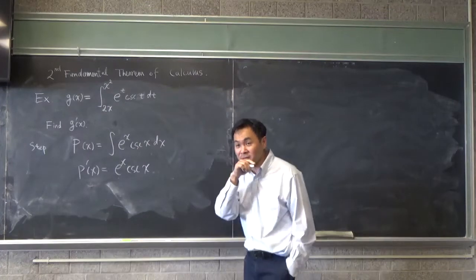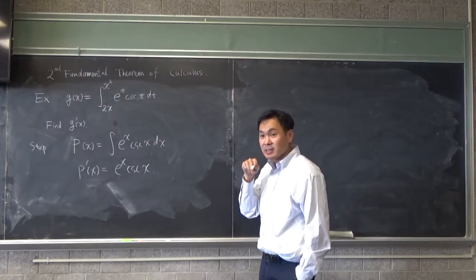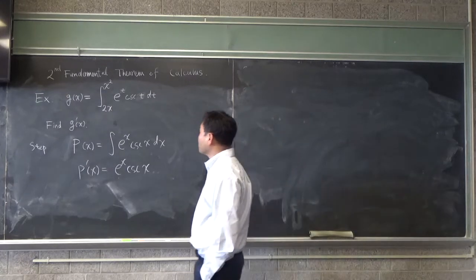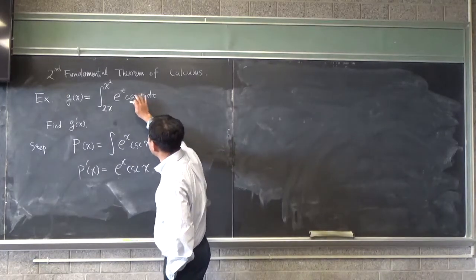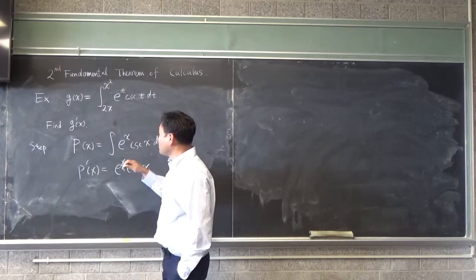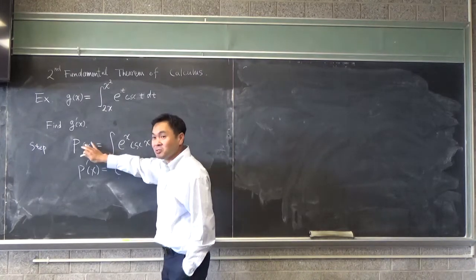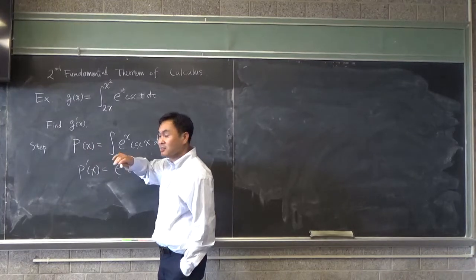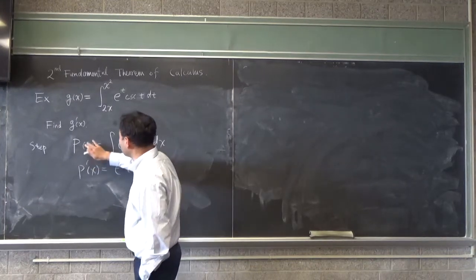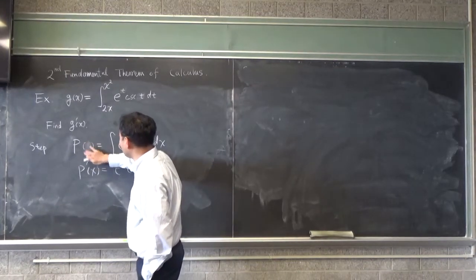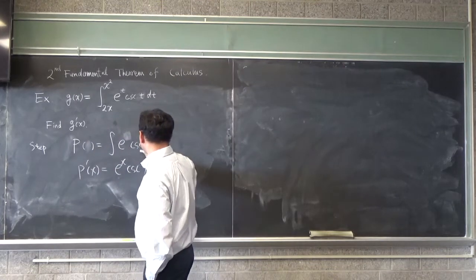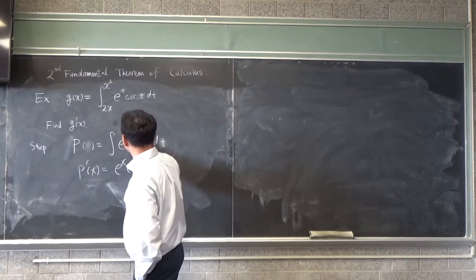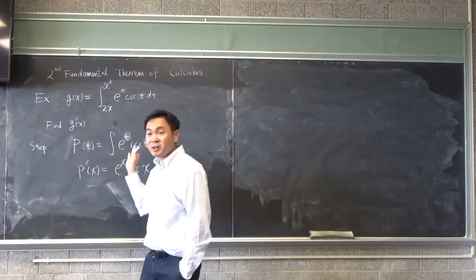You have a question? Can you explain again why it says t, but then you switch it to x? So the question was why this is in t and I put it in x? Because, if you want, I can put t. Doesn't matter. So if this was t, that would be fine as well.